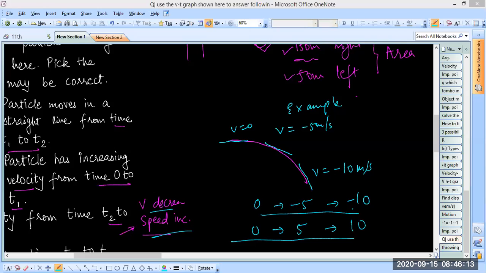Which is a bigger number, Ankita, 0 or -5? But how? Please explain. What should I explain? Sahil, be specific. Ankita, I'm asking you, which is a bigger number, 0 or -5? Yes, so from 0, if it changes to -5, doesn't it mean it is decreasing?